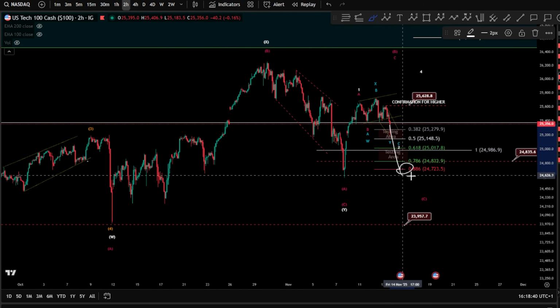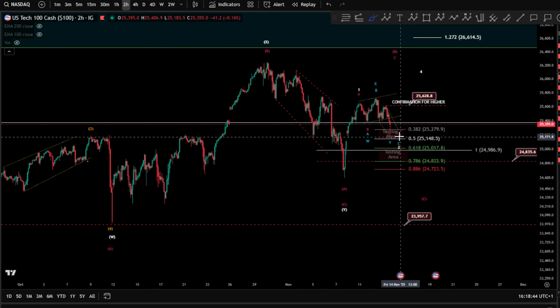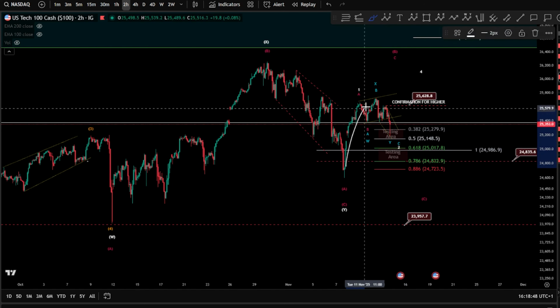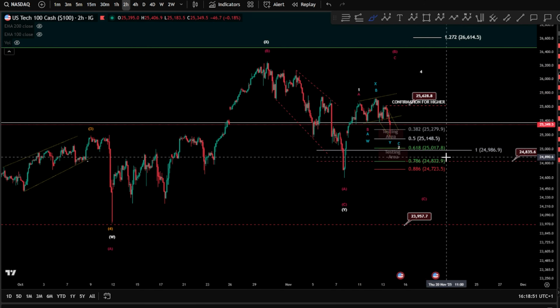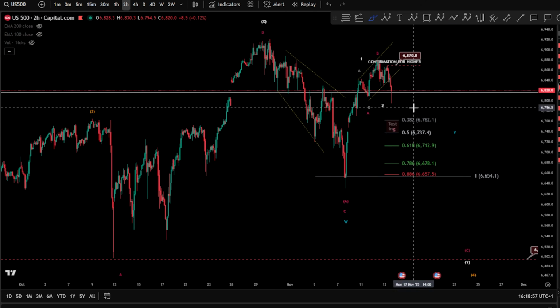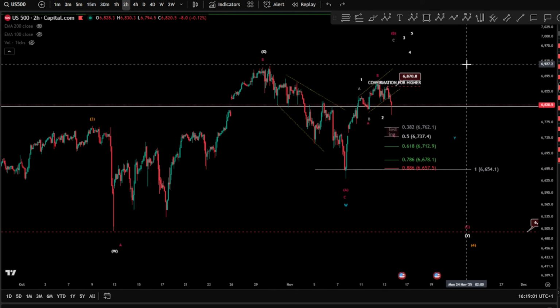Before losing it, before taking the 886, I cannot confirm that we are moving for a very deep correction. Currently, we're still in the range of a potential 1, 2, 3, 4, 5 and continuation towards the upside. The same for SPX, I would say. For SPX, we didn't yet reach even the 0.38 fib level.